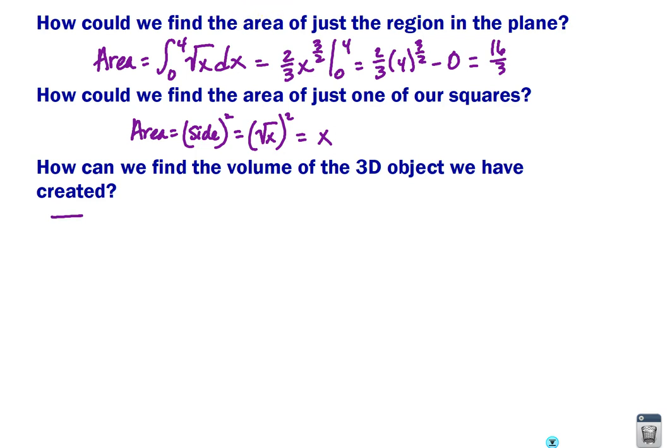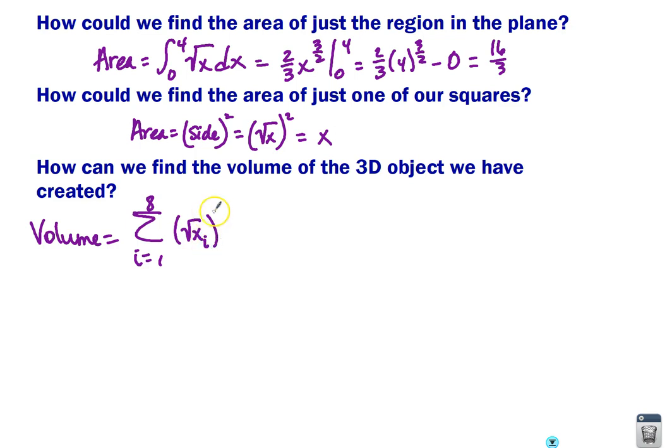So the overall volume is going to be equal to the sum from 1 to 8 of our individual squares, where the area of each square was the square root of x squared, times the height in between each one, so 0.5.